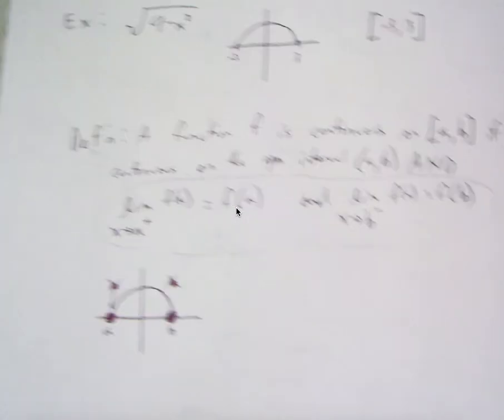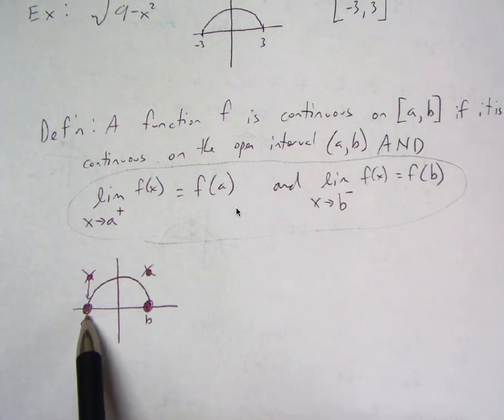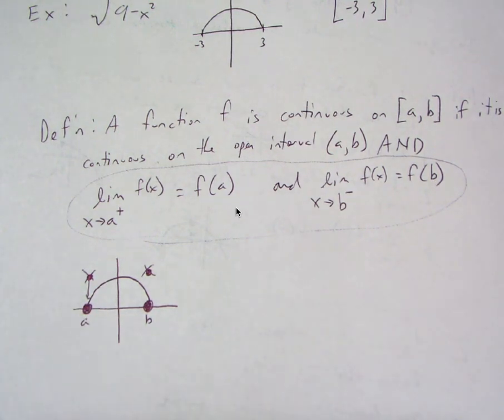So basically, in order for a function to be continuous on a closed interval, your points have to exist at the endpoints, but where they exist must also be equal to that limit. I think you'll get some questions about that. So, all right, we've talked about continuity.